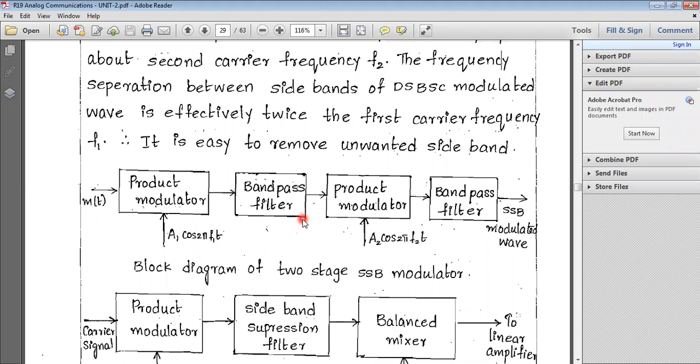Why here do we use two stages? Respond anyone? Why here do we use two stages?